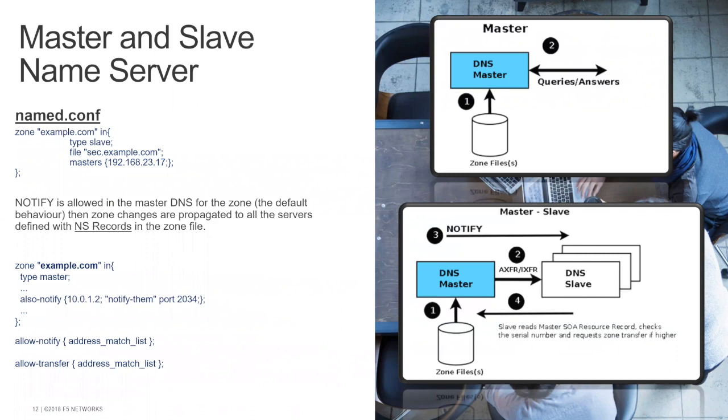The DNS master server, which is typically the primary server, will share the zone file or the records with the servers that are allowed to be notified and transfer from the master, which we usually call the secondary DNS server or slave. The communication between the servers is through port 53 and protocol TCP.